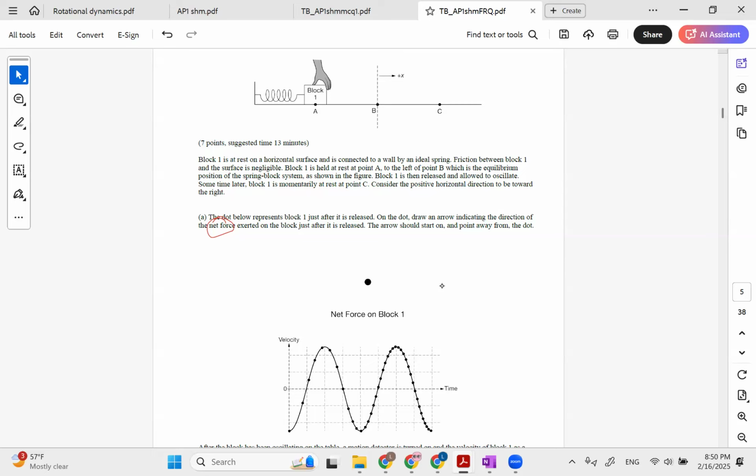I'm not really sure, but it's saying it's not a free body diagram, it's just net force.